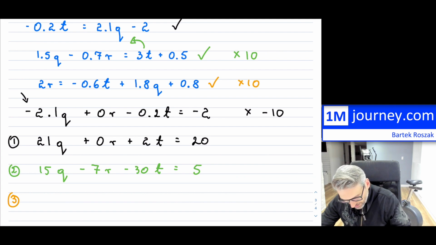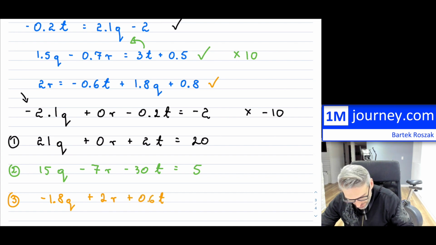I don't want to do too many steps at one time. So, forget it. Let's not do this. I'm just going to shift things over first because I see that it's going to be negative. So negative 1.8q plus 2r plus 0.6t equals 0.8.